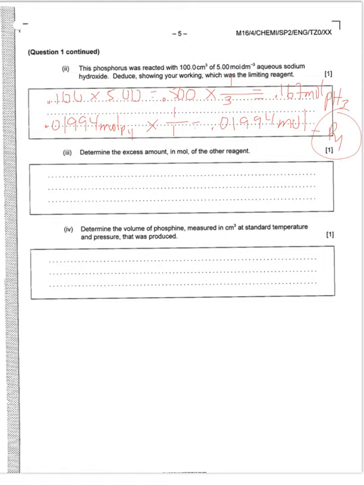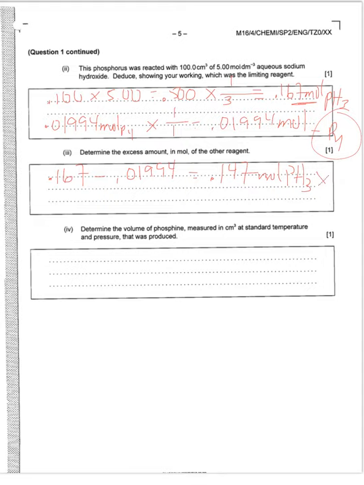So to determine the excess amount in moles of the other reagent, there's a couple ways I could do this. I could take the 0.167 moles of PH3 that I would expect my NaOH to make, and subtract the 0.01994, or 0.020, and I realize I should have 0.147 more moles of PH3 I could make.